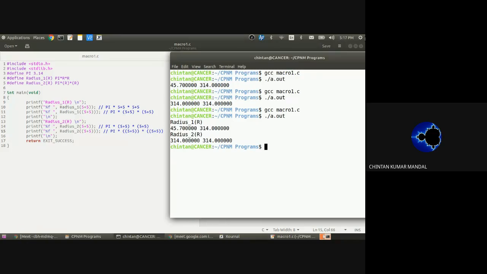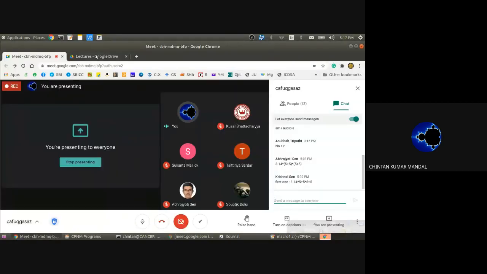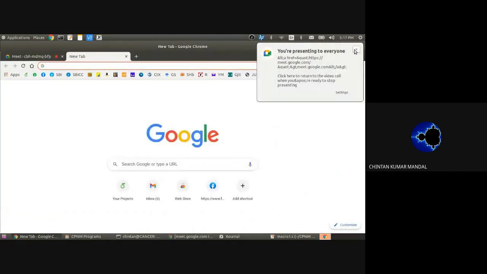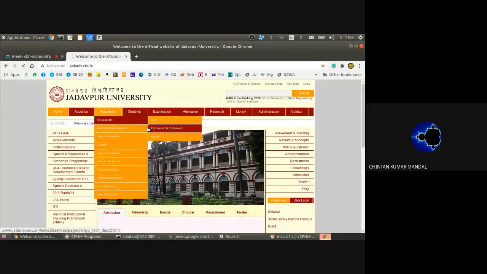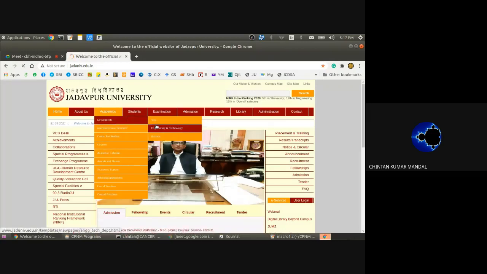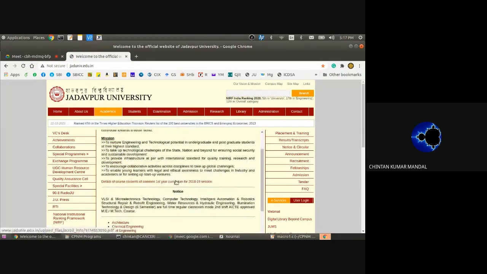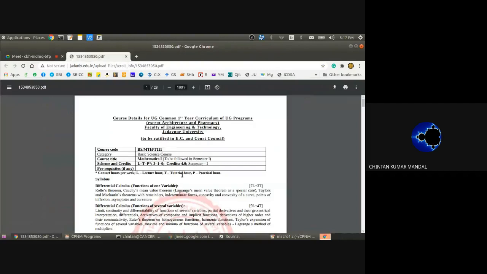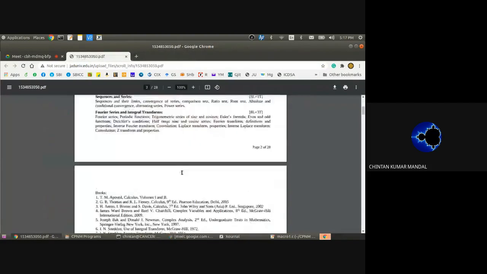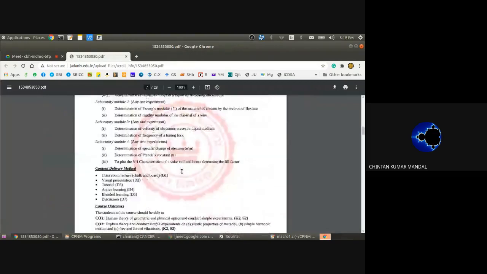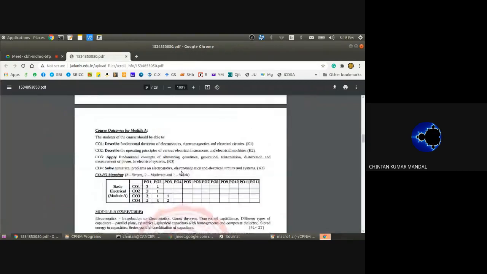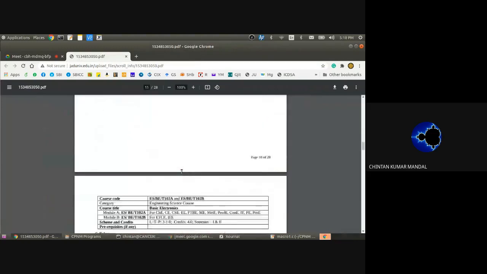Okay, any questions? If you don't have any questions, then I'll just end it here, because this is all about your C program. If you see your syllabus of your C program, there are one or two things I'll tell you.